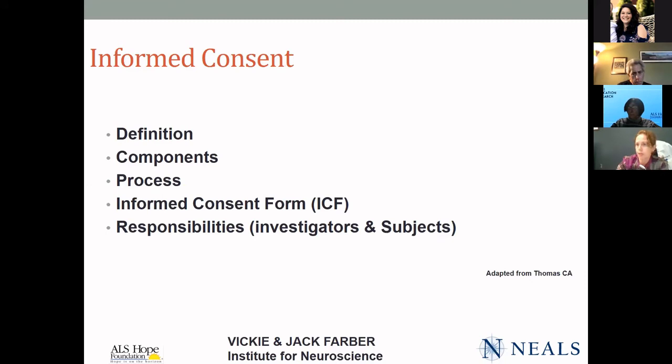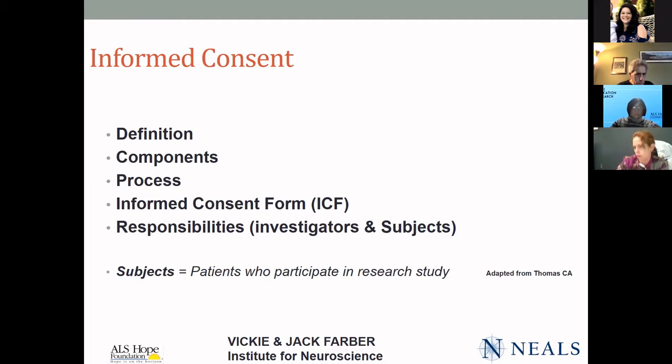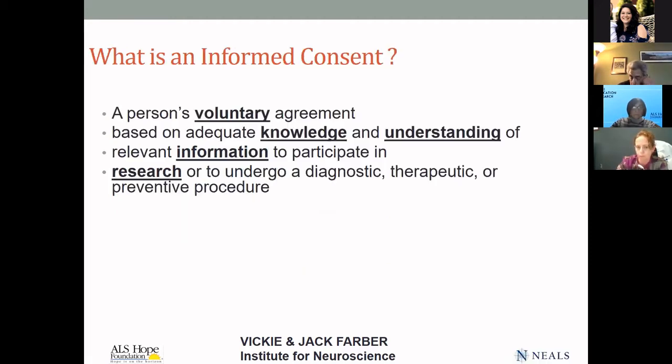So what exactly is informed consent? We'll go through a definition, what the components and the processes are, what the form is, and then what the responsibilities are of both the people doing the research and the people participating in the research. You will hear occasionally the word subjects, and that means patients who participate in a research study.